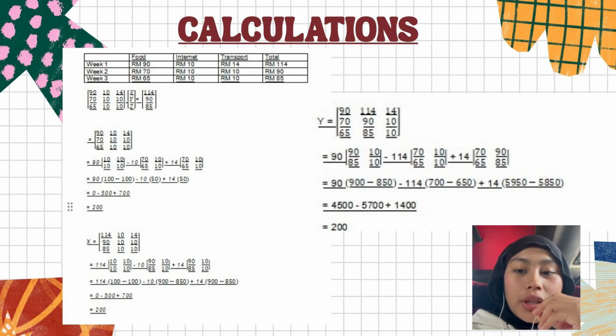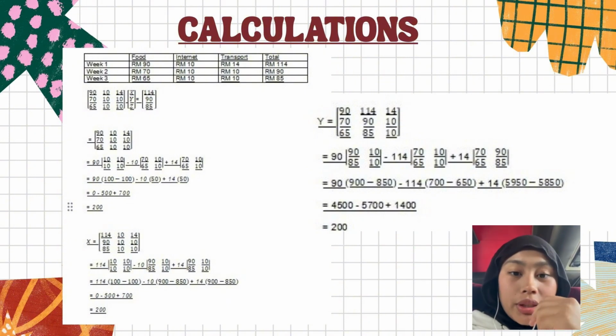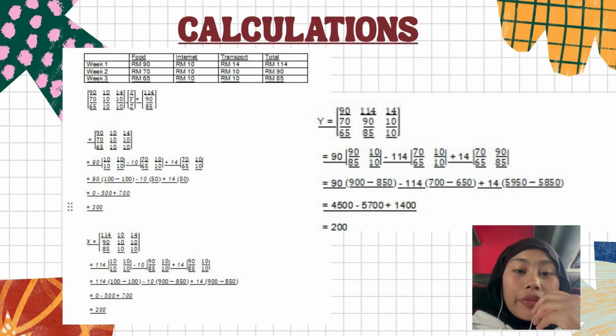For this question, I decided to use Cramer's rule to solve the system of linear equations. Cramer's rule is a method that uses determinants to find the value of each variable in a system of equations. It only works when the determinant of the coefficient matrix is not equal to 0.